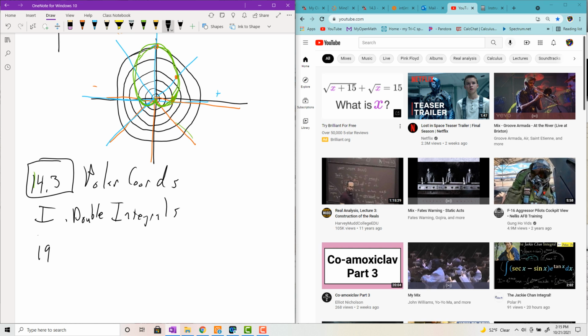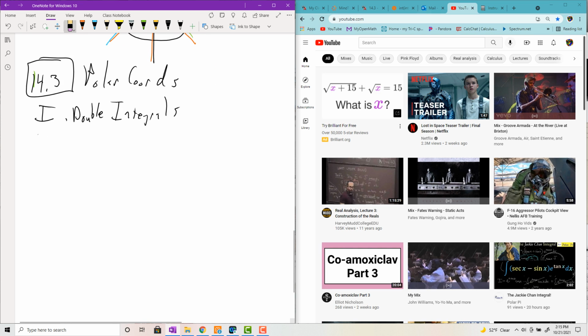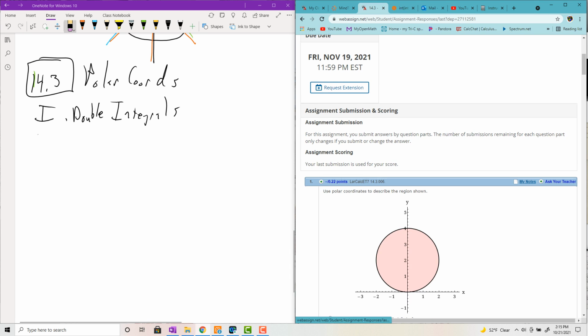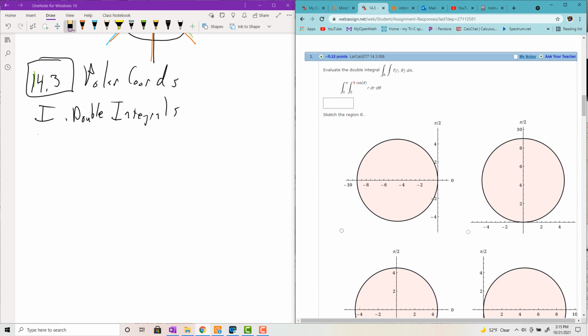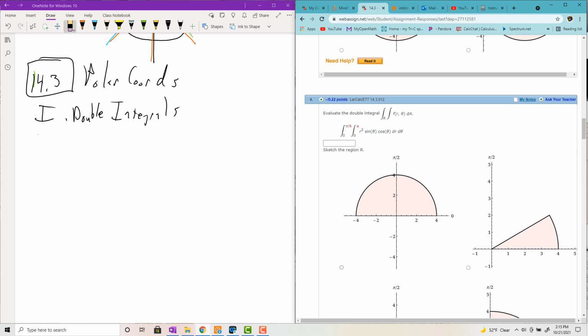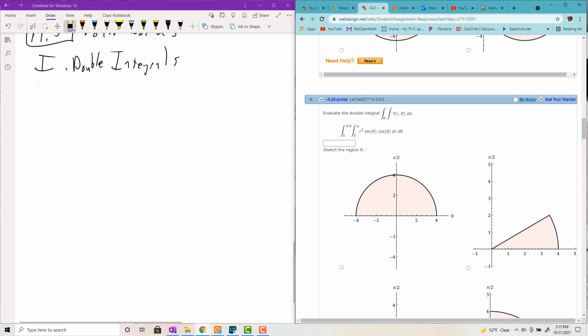We want to take a regular standard old integral. Maybe we could co-opt a nice problem over here or something like that. Sure. So number 4.